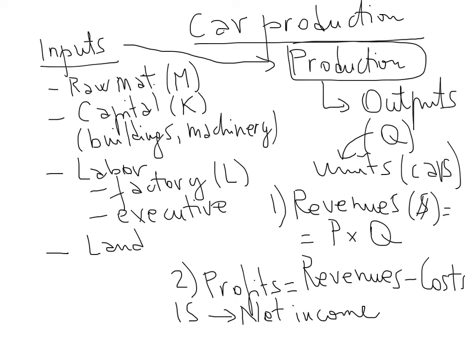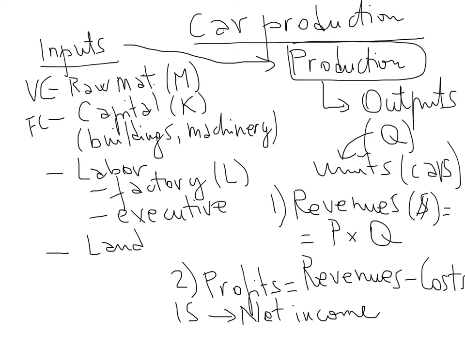So based on these definitions, raw material is going to be considered a variable cost, because the more we produce, the more raw materials we need. Capital is going to be considered a fixed cost, because with the capital, buildings, machinery, technology, we can either buy it and then we pay mortgage, or we can rent it. This is why it's considered a fixed cost for some specific level of production.